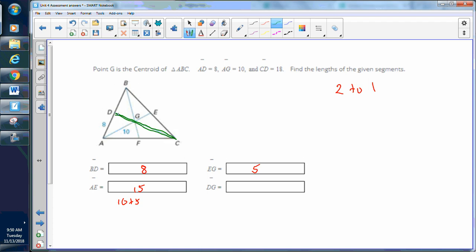Then the two pieces added together have to give us 18. We have our short one and the one that's twice as long, so x plus 2x has to equal 18. 3x is 18, so x is 6. And we want to know DG, and DG happens to be the x, so it would be 6.